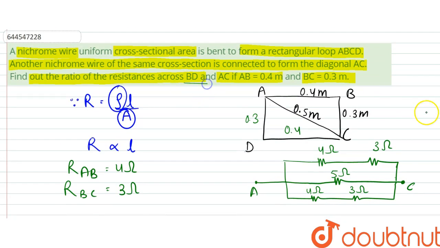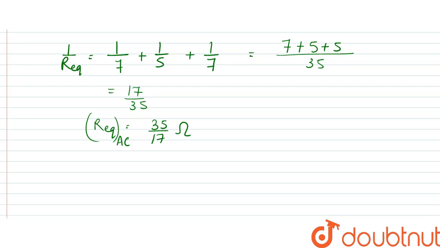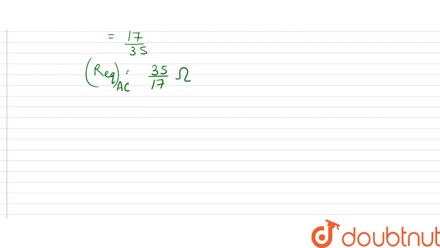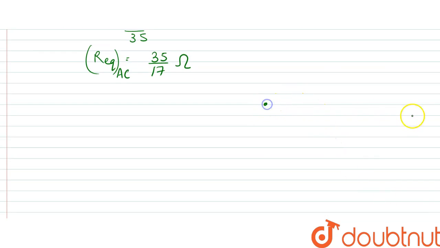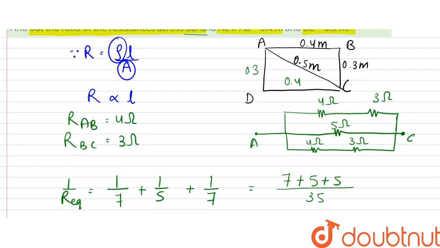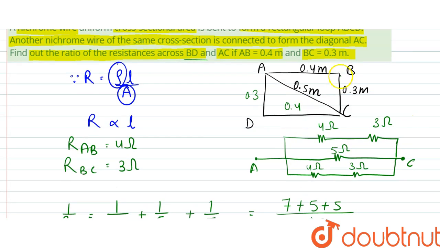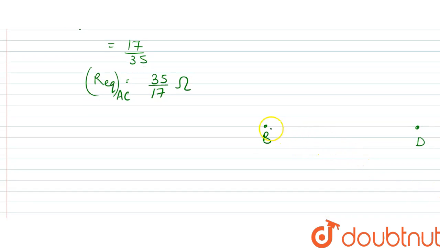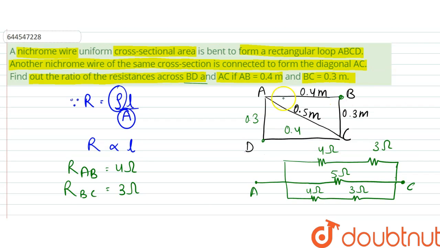Now across BD, what would it be? So resistance across BD. In that case, this is B and this is D. So what we would have here is B to A, that is 4 ohms.